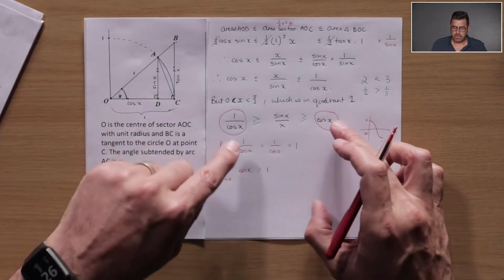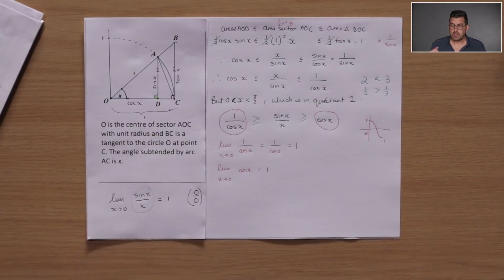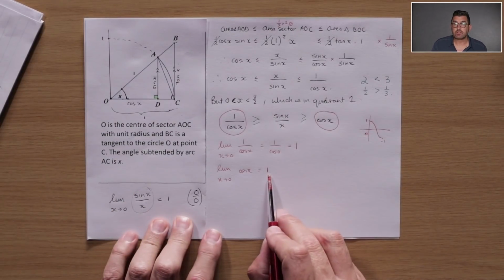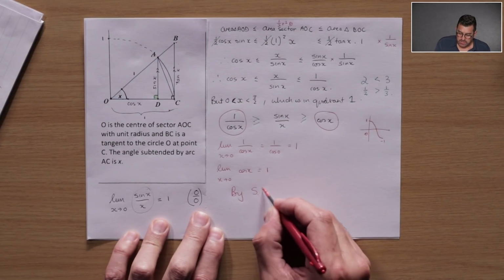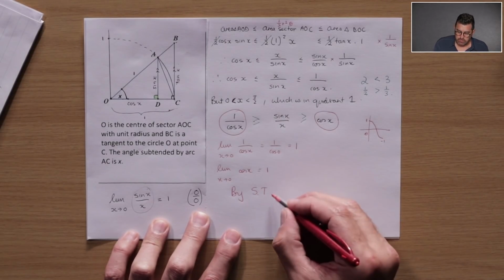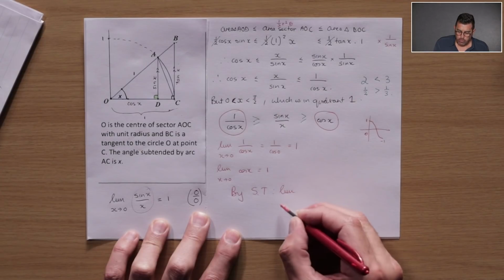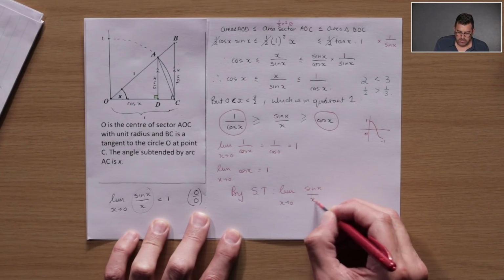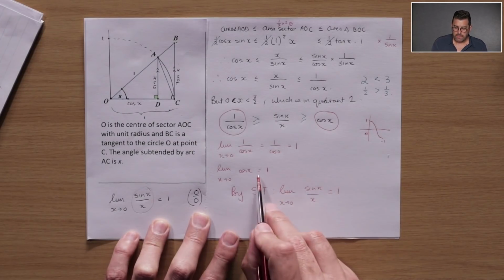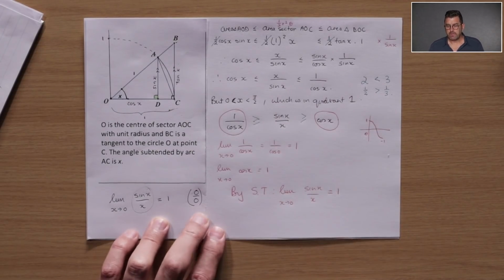So the two functions that squeeze, the middle is going to 1. So by the squeezing theorem or the sandwich theorem, the limit where x approaches 0 of sine x over x will definitely also be 1.